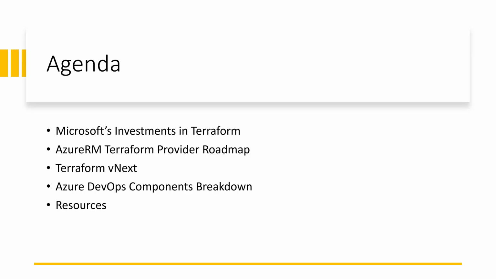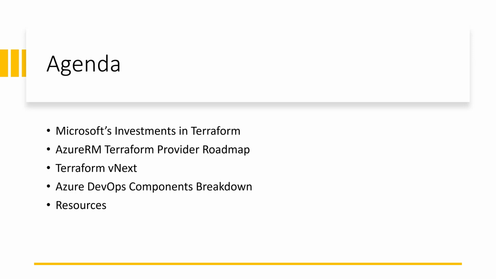First, our agenda that we're going to cover. We're first going to talk about some of Microsoft's investments in Terraform, where that sits, and why that's important. We're going to talk about the Azure Terraform provider itself and the roadmap, because there's lots of interest around this.